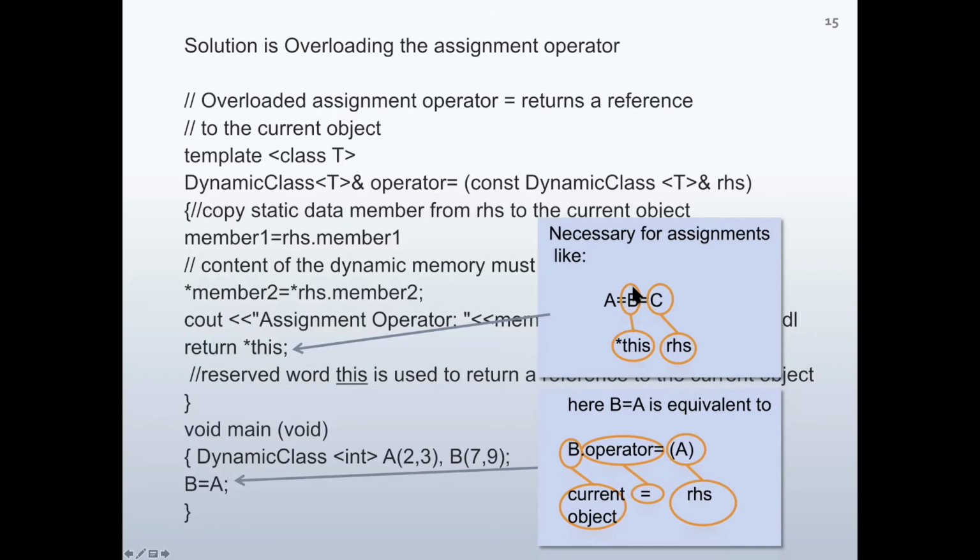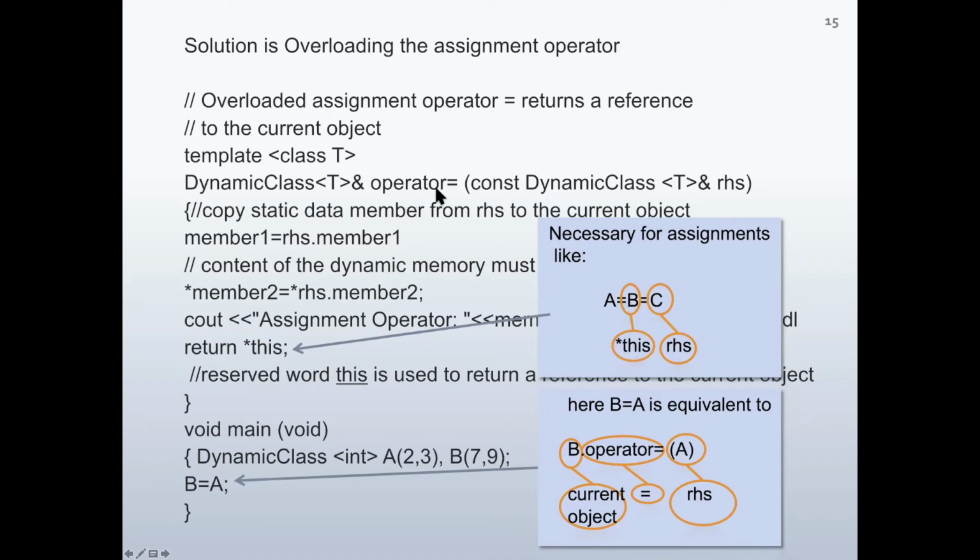Because in the left-hand side we have object B, this is a pointer pointing to object B. So star this is corresponding to this object. For this assignment, B becomes the right-hand side, which is the object pointed by this.